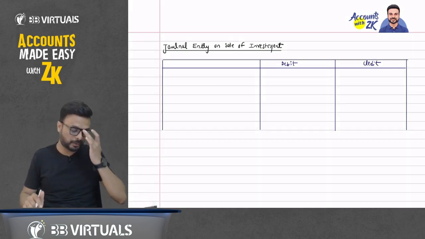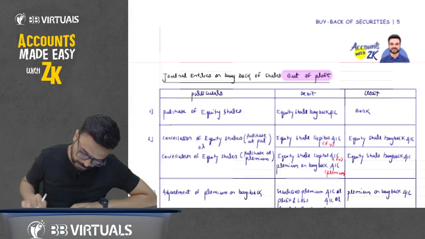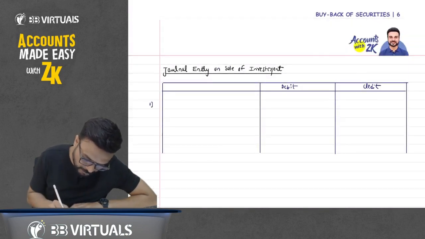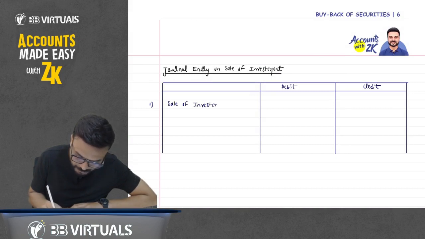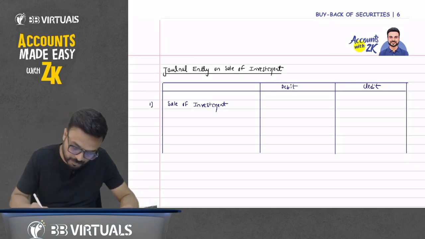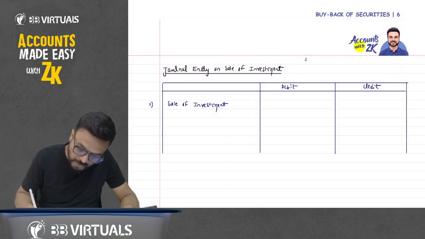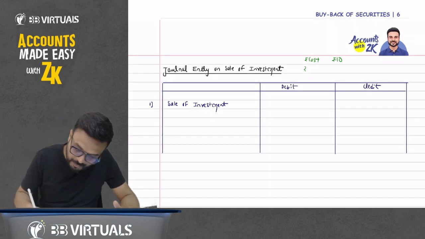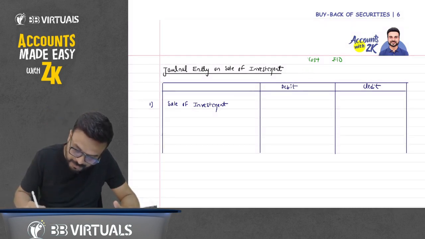Now understand this point. First is sale of investment. Suppose the cost of investment is rupees 10 crore, and you sell at rupees 12 crore.